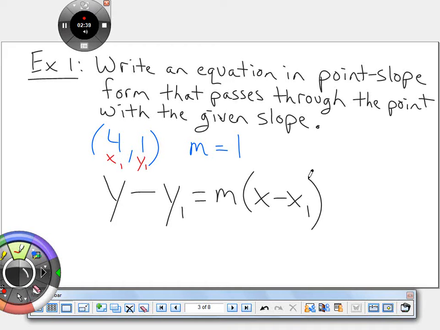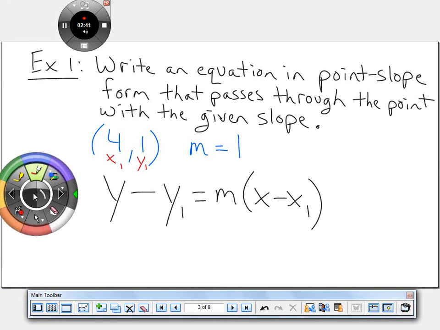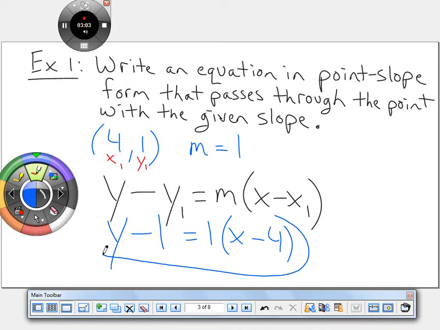And again, you just put the little x sub 1, y sub 1 in these two spots. So the final answer is y minus 1, and then the m is 1, so you put the 1 right there, and then x minus 4. And that's your equation. It's in point-slope form.